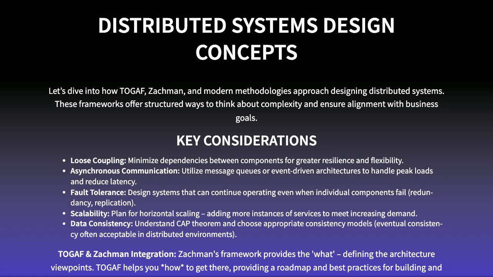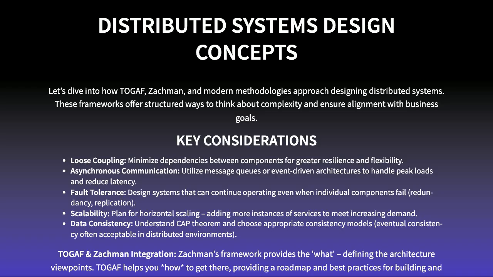Okay, let's talk about designing distributed systems, a really important area when we're considering these architecture frameworks. We need to think about how components within our system can work independently and still deliver value. Key concepts include loose coupling, meaning minimizing dependencies between services, asynchronous communication to handle loads effectively, and building in fault tolerance for resilience.